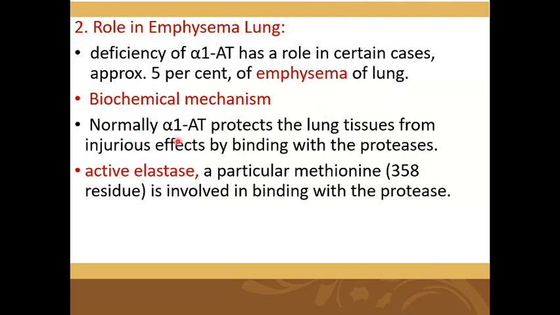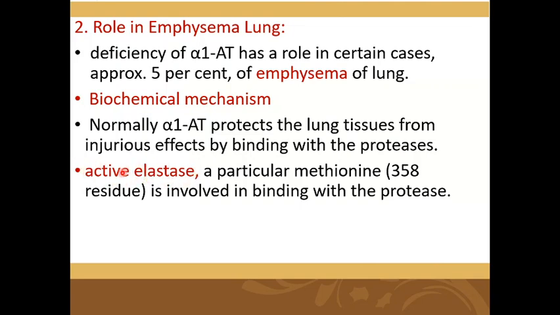Normally, alpha-1 antitrypsin protects the lung tissues from the injurious effects by binding with the proteases. Alpha-1 antitrypsin binds with the enzyme. Proteases are those enzymes which break down protein. So it binds with these enzymes, for example, active elastase.